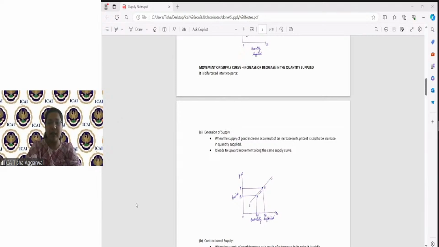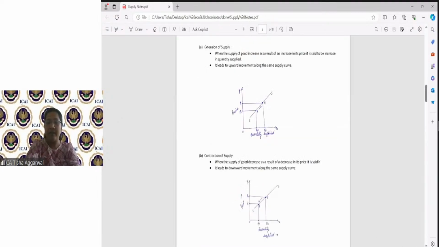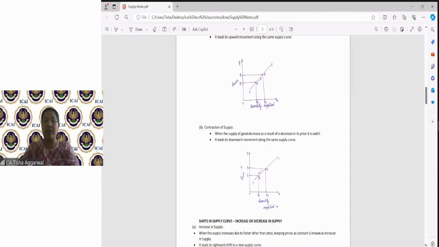Next is the contraction of supply. What happens in the contraction of supply? Whenever the supply of goods decreases due to a decrease in the price, it is known as the contraction of supply. So price was 10, quantity was 10. Because the price became 8, the quantity also became 8. So such a kind of decrease. Are we moving to a new curve?